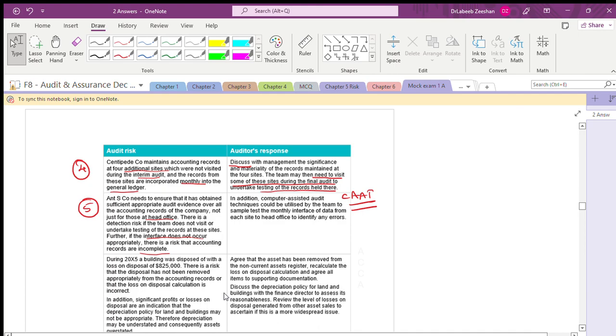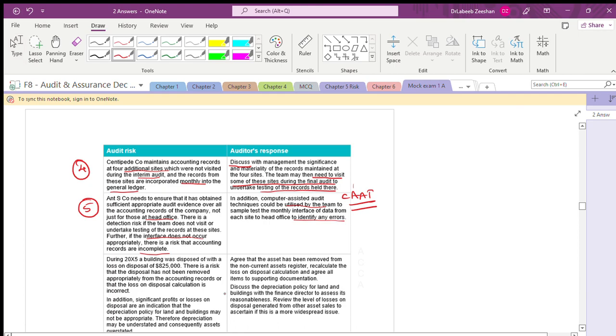In addition, they could be utilized by the team to sample test the monthly interface of data from each site to head office to identify any errors. So you have to use computer aided audit techniques.